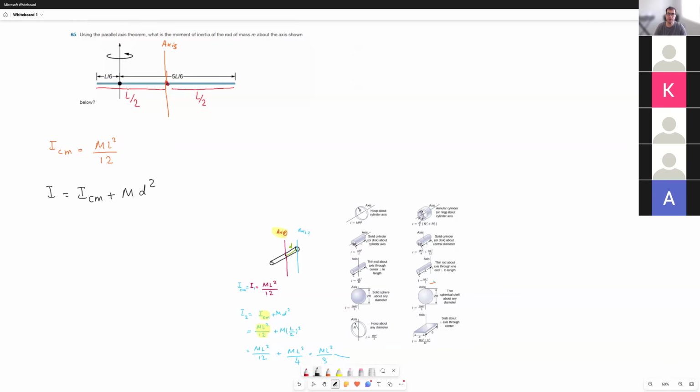What is the distance between them? The distance between them is this much. I'm highlighting it in yellow. The distance between them, this yellow, is how much? It is L over 2 minus L over 6. Exactly.